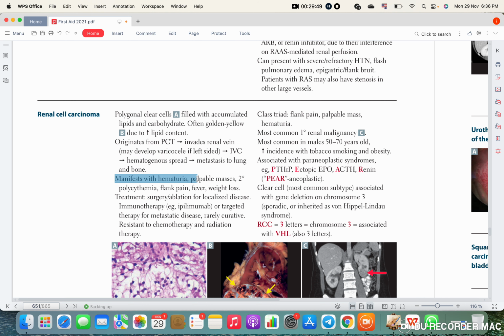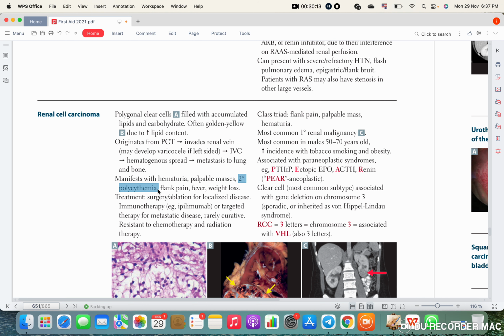So it manifests with hematuria, palpable masses, well, basically the cancer, and secondary polycythemia. Can somebody tell me why they have polycythemia? Increased erythropoietin, exactly.